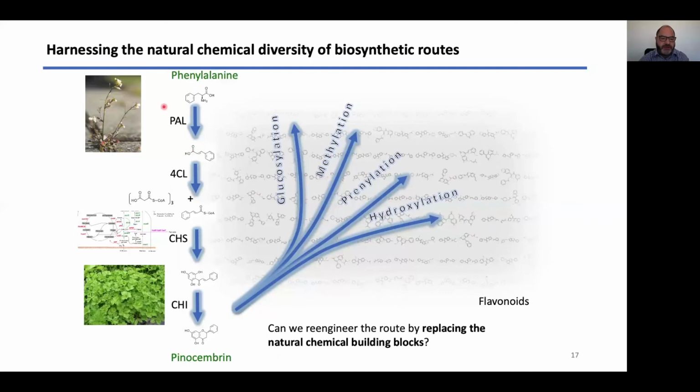For instance, here you have a pathway that typically you can find in plants that produces a flavonoid. I put as an example the pinosembrin. And what we want is to transform this pinosembrin into other derivatives, which can be thousands, by using glucosylation, methylation, prenylation, hydroxylation. There are some enzymes that are used in order to perform these changes.